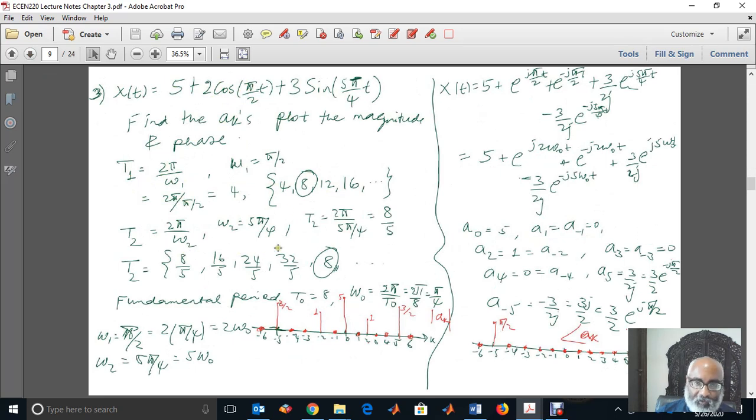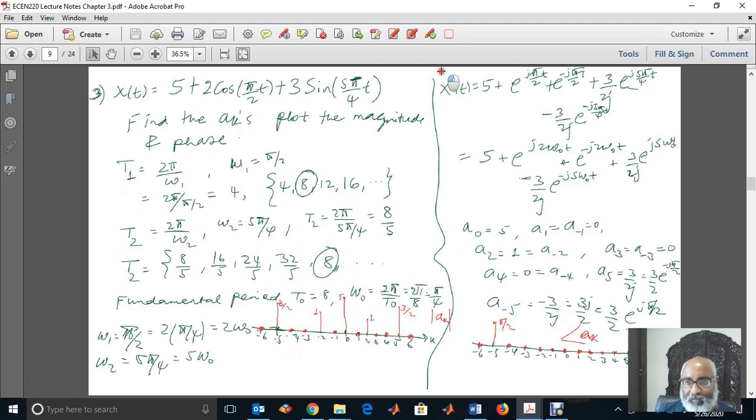Omega 2 is 5 pi over 4, so T2 will be 8 over 5, so it is periodic for 8 over 5, 16 over 5, 24 over 5, 32 over 5, 8. So we select the common for T1 and T2. The smallest common is 8. So the fundamental period is 8, and omega naught is 2 pi over 8, which is pi over 4.